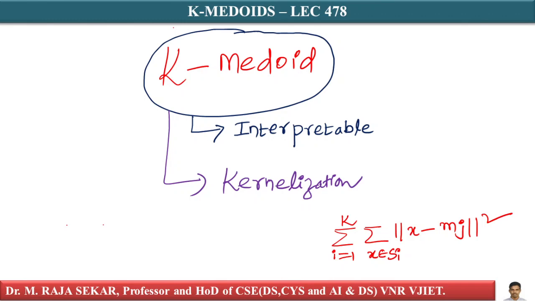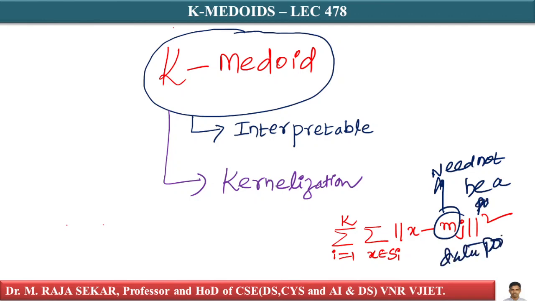K-medoid is easily kernelized, because in standard k-means, in sigma i equal to 1 to k, x belongs to Xj, norm x minus mj whole square, this mj need not be a data point, because it is a centroid. In such a case, you cannot kernelize easily.